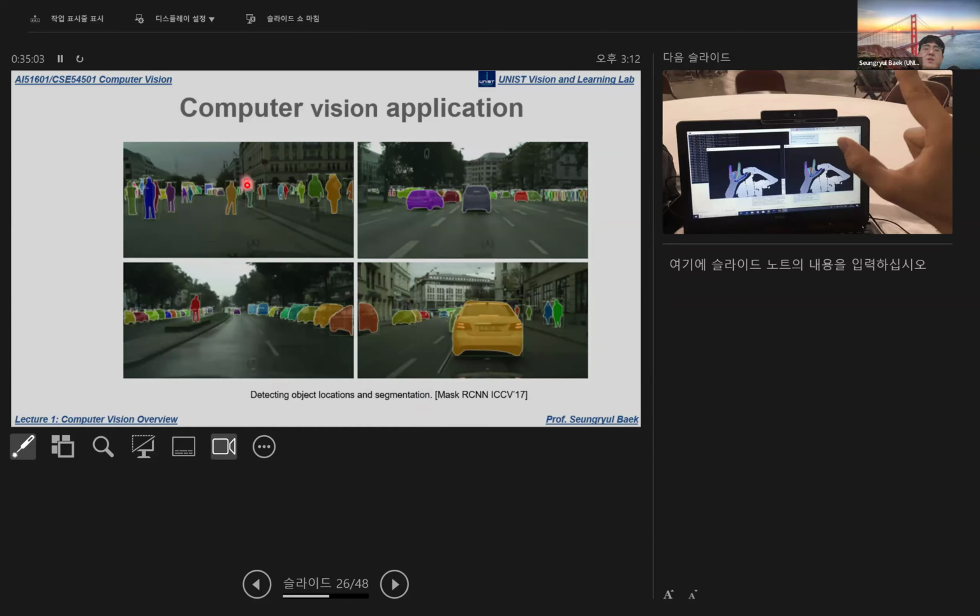This is a new representation introduced for the segmentation task, and we also have to predict their class labels. So this is the semantic segmentation task. Are you following this?